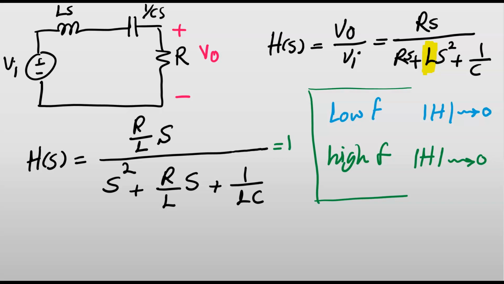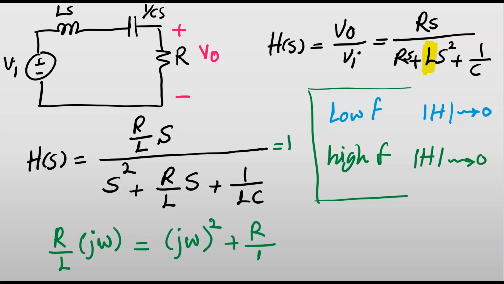If I want to solve this equation, I'm going to have R over L multiplied by j omega equal to j omega squared plus R over L j omega plus 1 over LC.